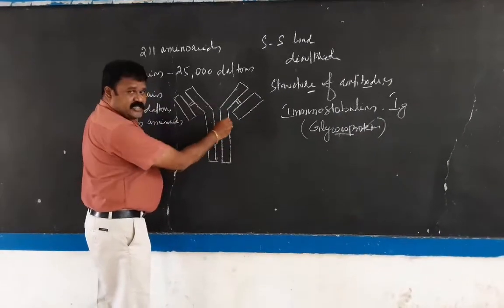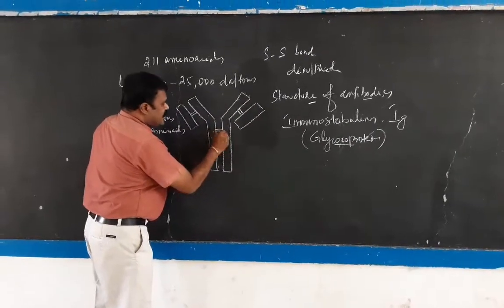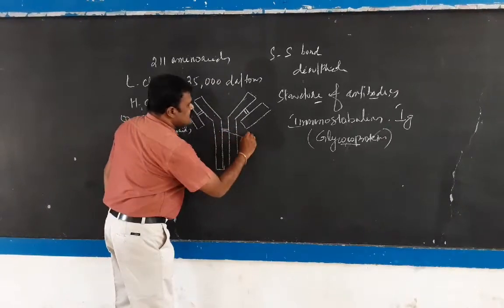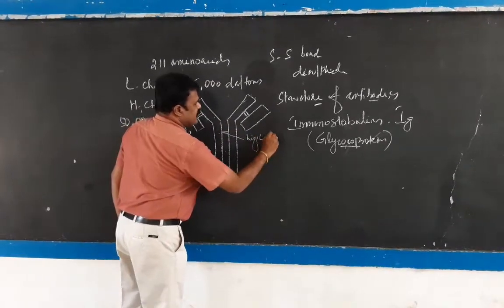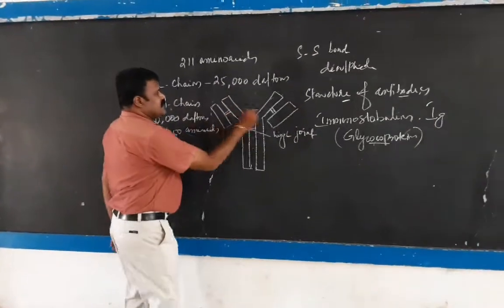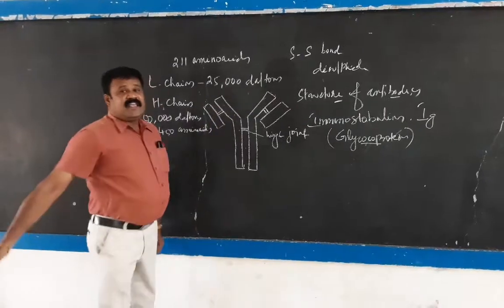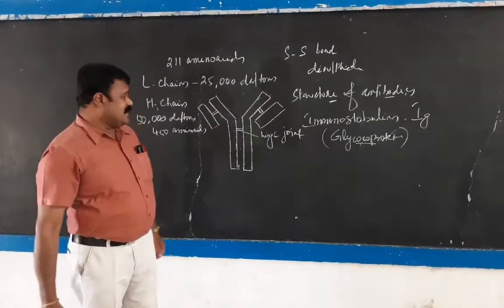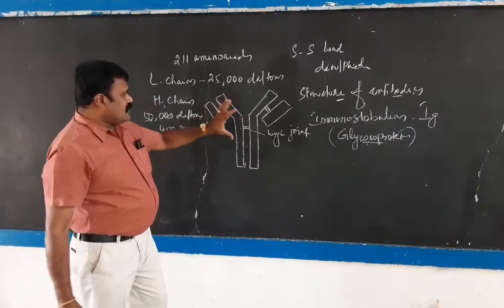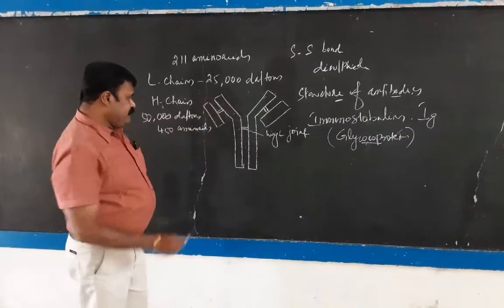Both of the heavy chains are attached with each other. This is a flexible hinge joint. Hinge means weak, flexible joint, but these joints are very strong joints. Right? Nothing special to add with the structure.